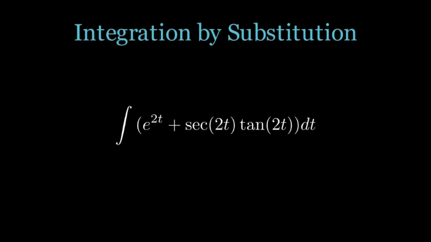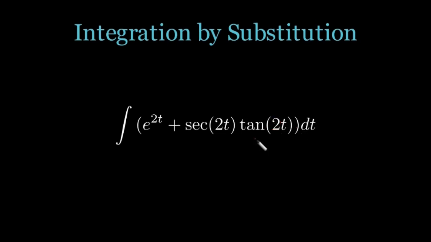The easier way is to substitute the term directly in all the terms that we have, using u. What is common in all these terms? You have e to the power 2t plus sec 2t tan 2t, so the most common thing we can see is 2t.